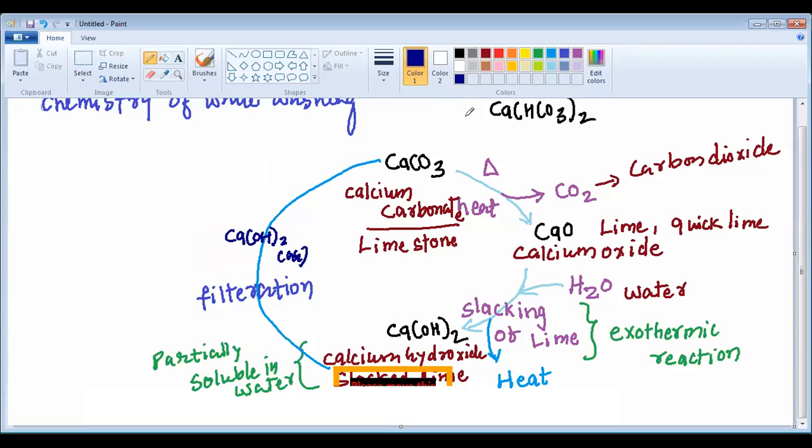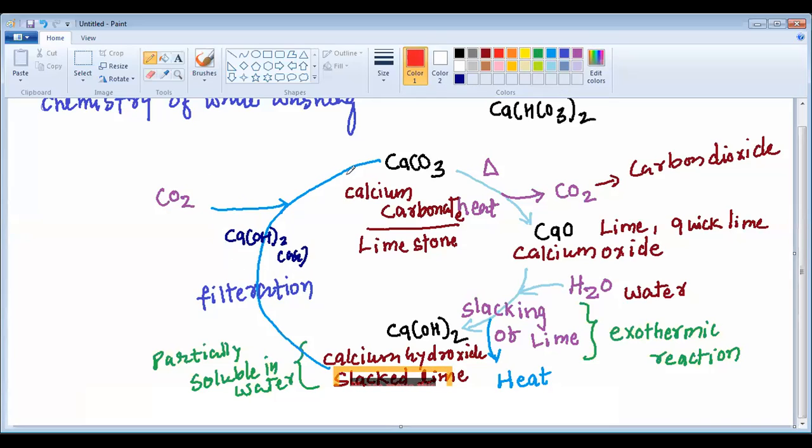Then we should pass some carbon dioxide gas. So we pass carbon dioxide gas through this calcium hydroxide aqueous, which is a transparent solution.